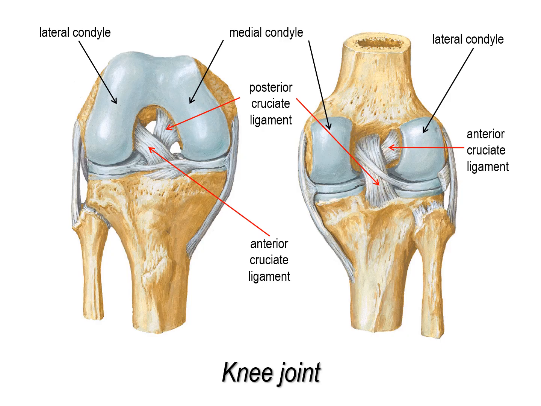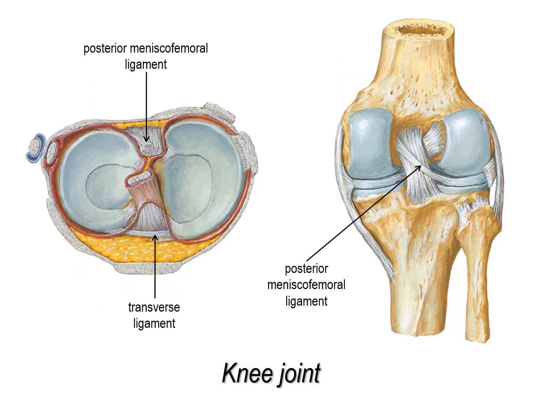You can see that cruciate ligaments cross each other like the letter X, and because of that, they are called cruciate ligaments. The posterior horn of the lateral meniscus is attached to the medial condyle of the femur by the anterior and posterior meniscofemoral ligaments.